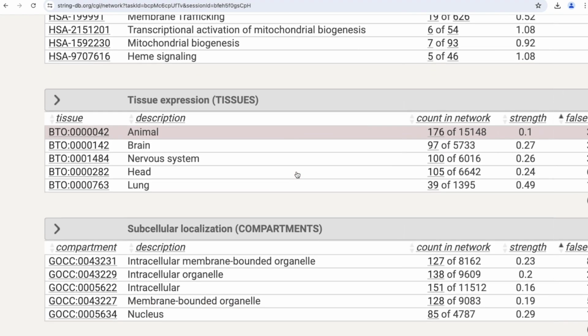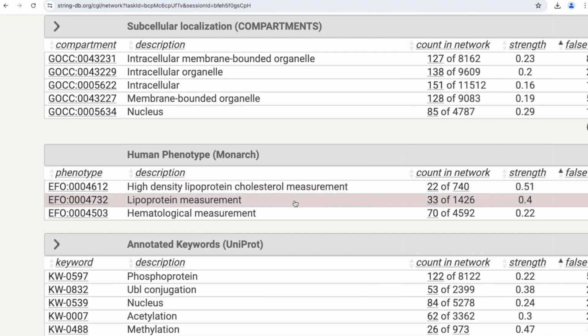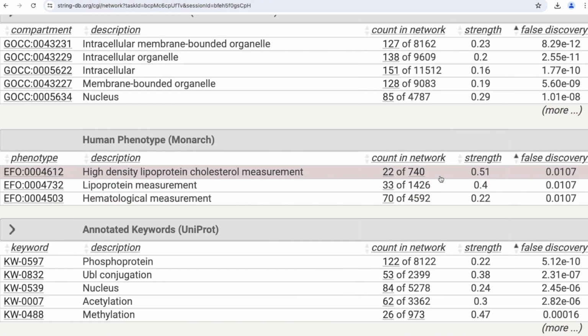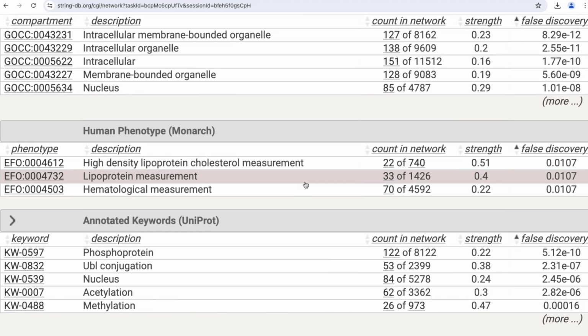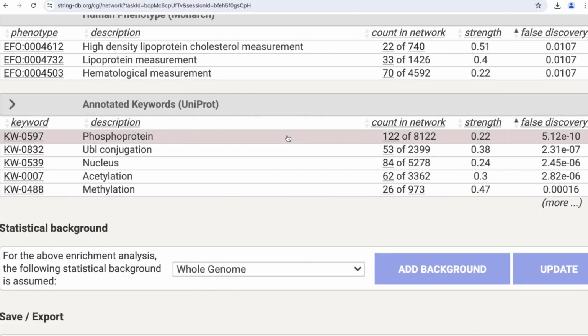Tissue expression, where it's at. These are certain phenotypes that might be associated with these genes. The false discovery rate isn't that great. Lipoprotein, maybe this is lipoprotein metabolism. And a lot of these are associated with phosphoproteins, so genes that phosphorylate other proteins.